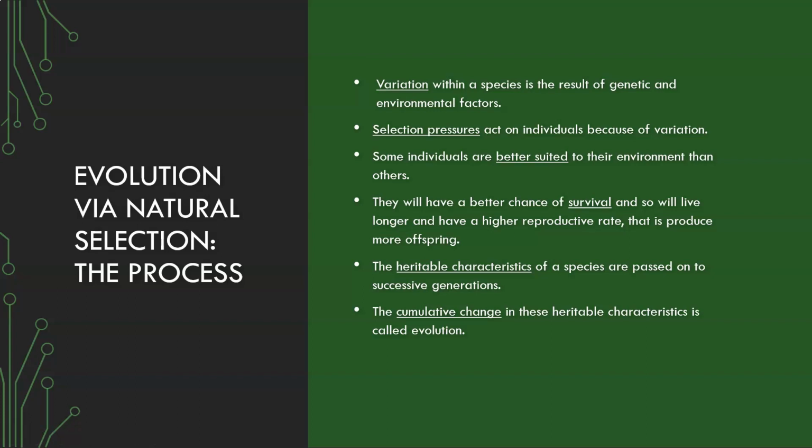We had our selection pressures, some were better suited, so that selection pressure being the bird was eating the creamy colour ones, the grey ones were then better suited to the environment, grey ones had the better chance of survival, more grey mice bred with grey mice, therefore we ended up with more grey mice, and over time that cumulative change gives us this evolution of the mouse, the grey mouse.